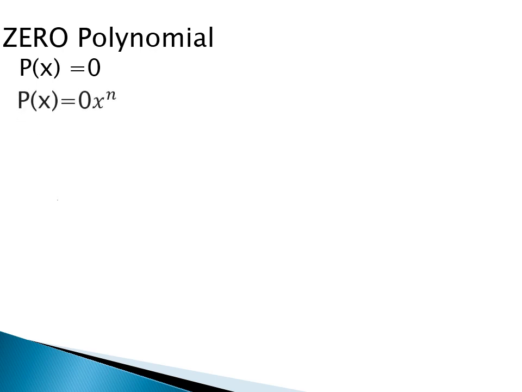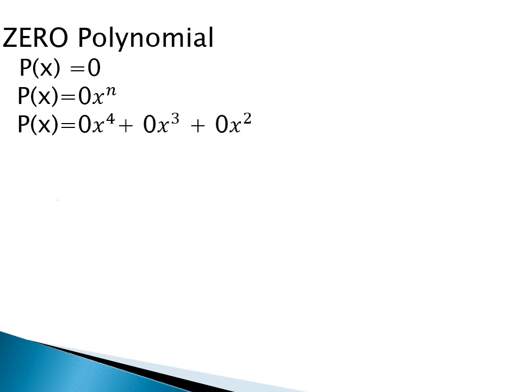P of x equal to 0, we can write as p of x equal to 0 x raised to n. That means the highest power is n here. Now I want to write 0 as 0x raised to 4 plus 0x cube plus 0x square. Now the question is, what is the highest power of the variable here? 4.